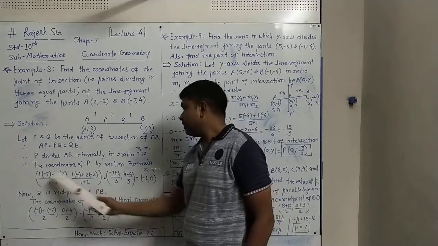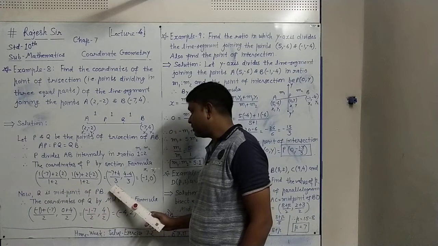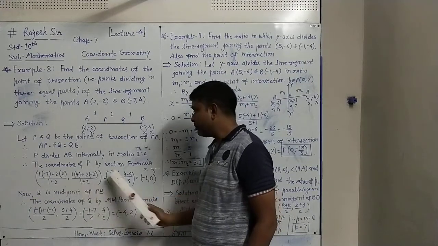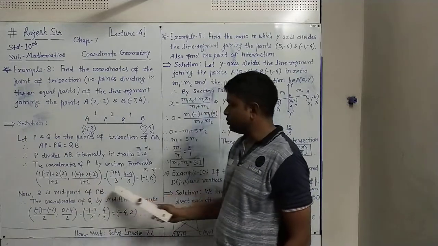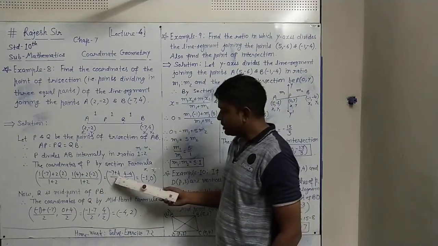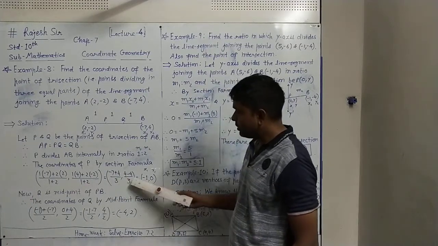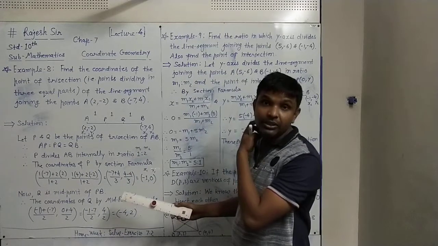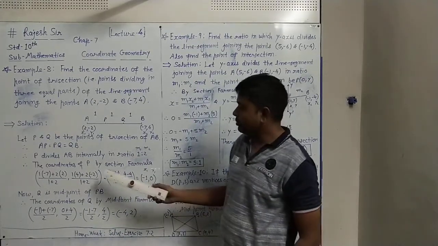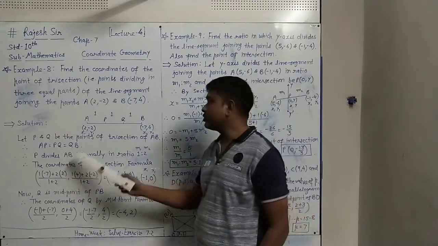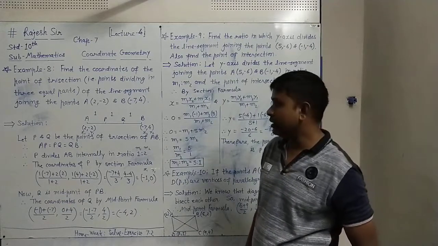So this is -7 into 1 is -7, plus 2 times -2 is -4 here, upon 1 plus 2 is 3, comma, 1 times 4 is 4 plus 2 times -2 is -4, upon 1 plus 2 is 3. -7 plus 4 will be -3 upon 3; divided by 3 it gives -1. 4 minus 4 is 0 upon 3, 0 upon 3 is 0 only. So (-1, 0) are the coordinates of P. We got the coordinates of P, 1 point we got.